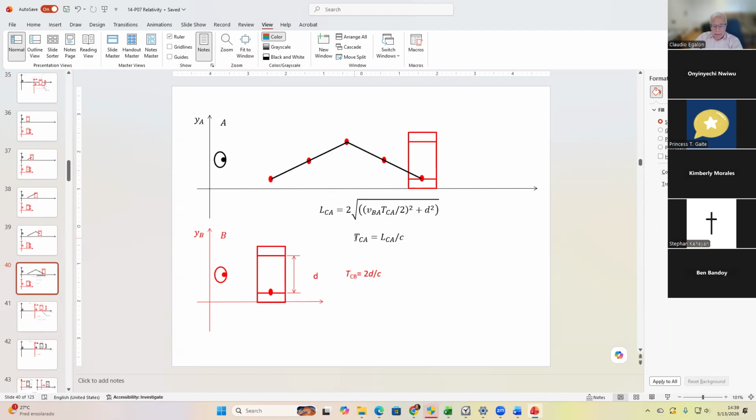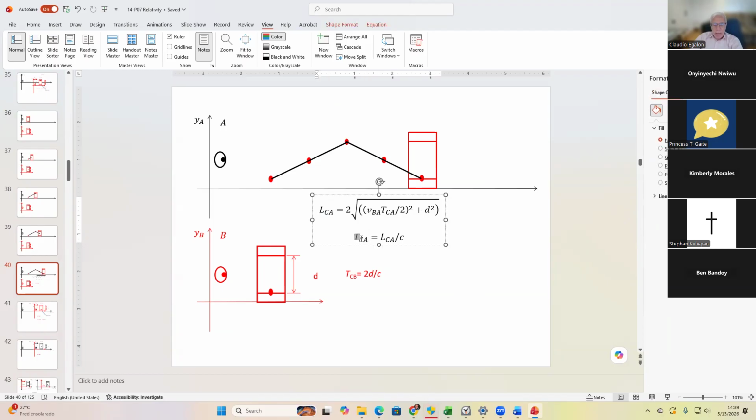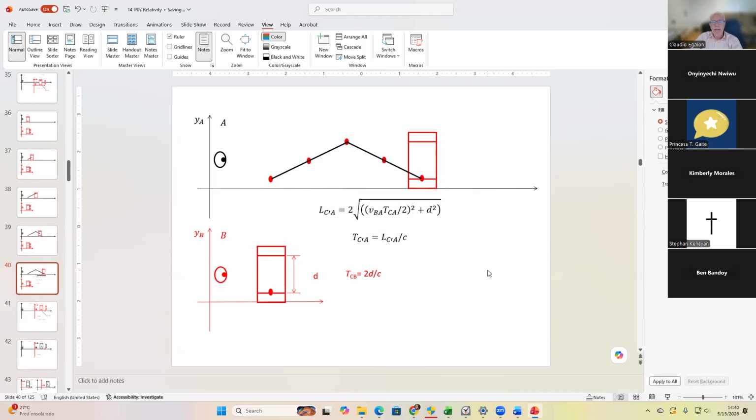Okay, and the period that observer A measures for clock C prime, right? Let me put C prime here. Instead of C, we have to put C prime because the clock is moving. It is going to be given by this length that we calculated divided by the speed of light.